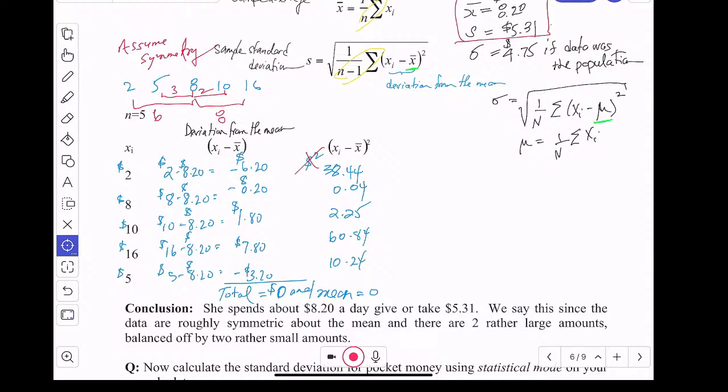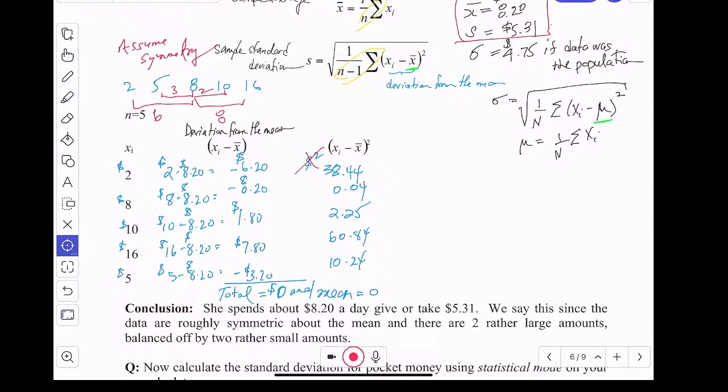So we proceed with what our goal is, to get an average of the deviations from the mean, because we assume the distribution was symmetric. So these deviations from the mean should be symmetric, and the squared ones, now we're going to average those, because we assume that we can do that.